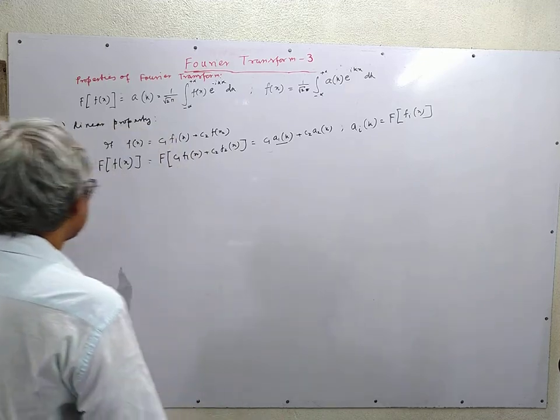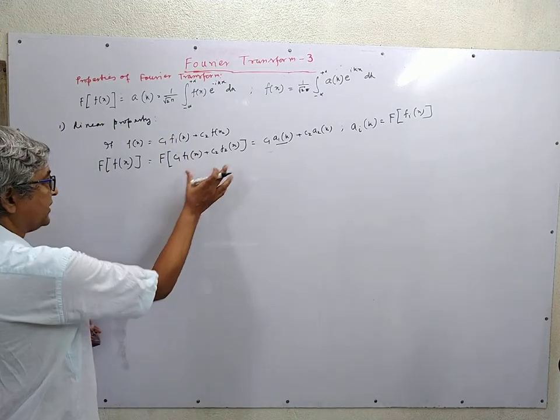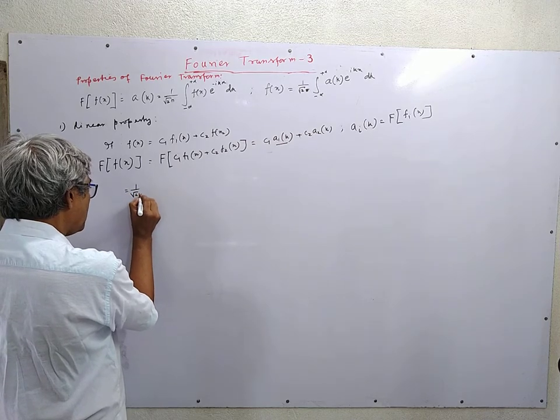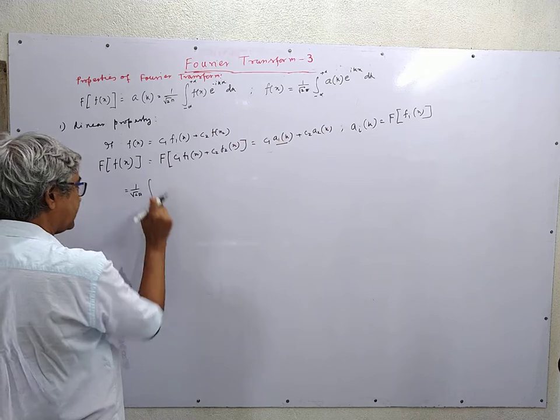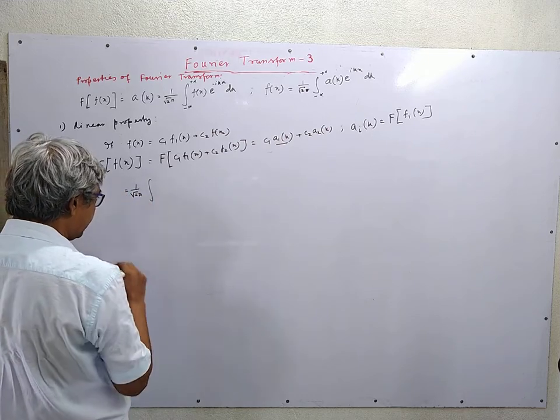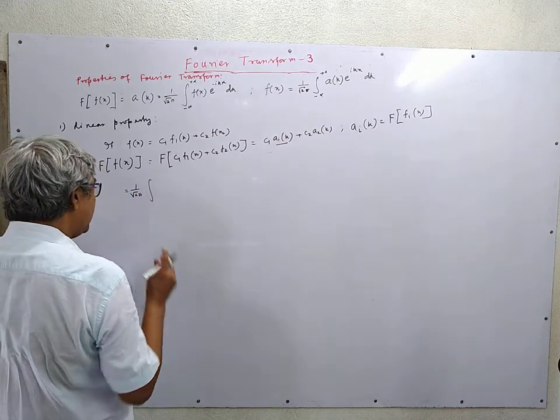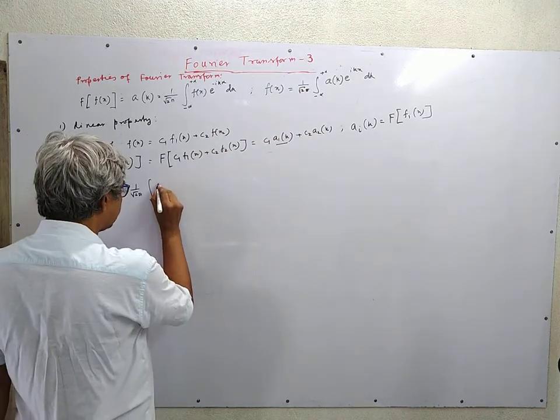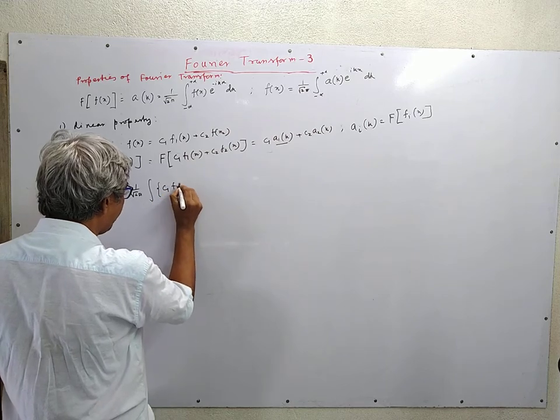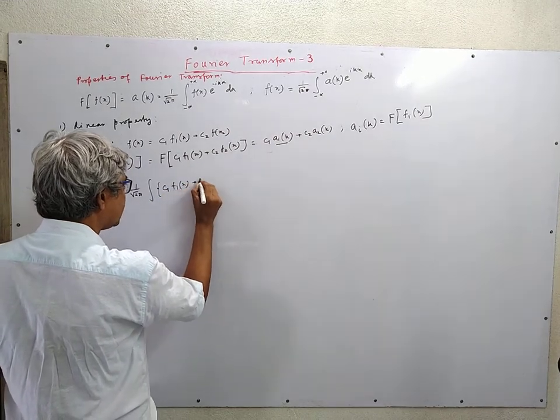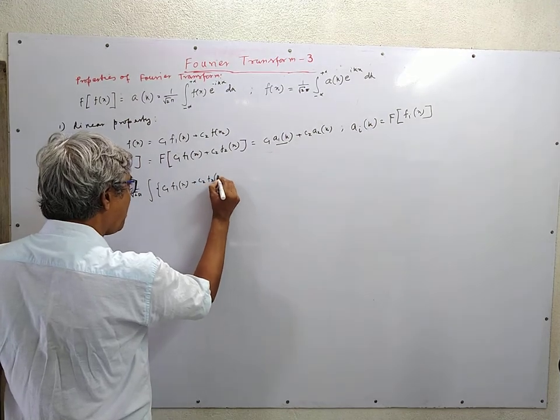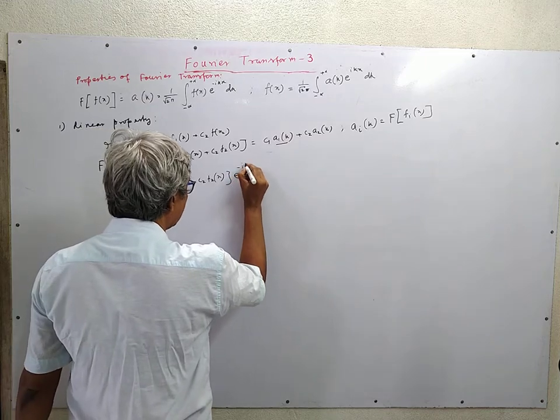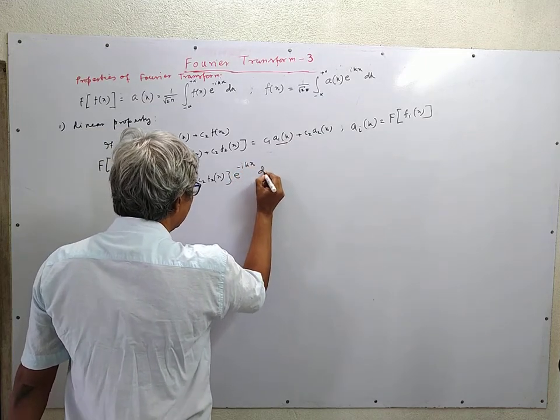To prove this, the proof is very trivial. So we write this one, this is equal to 1 upon root 2 pi integration, I am not writing the limits, it is always from minus infinity to plus infinity. If we use any other limit, I will inform you. Then this is C1 F1 of x plus C2 F2 of x e to the power minus i k x dx.